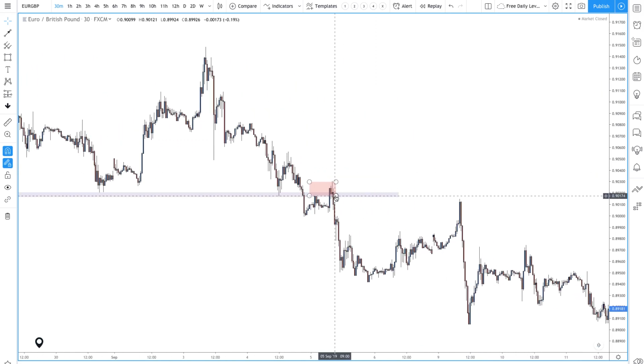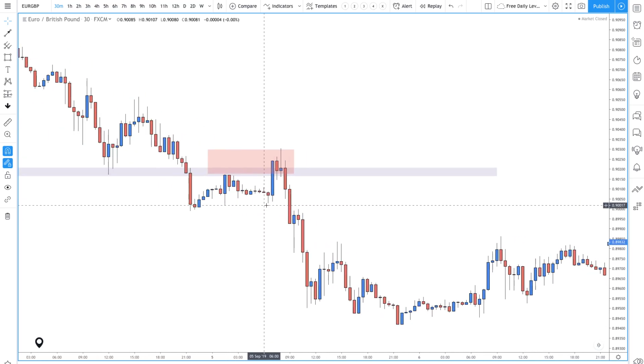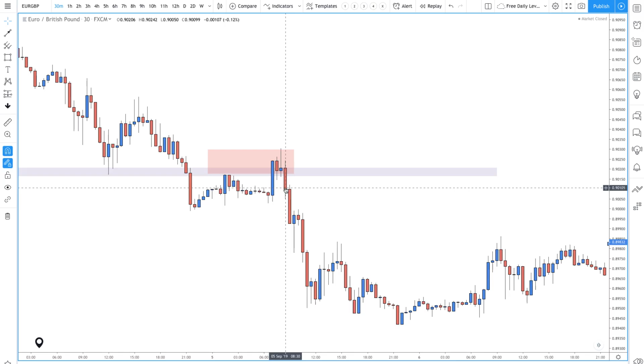If we start to see failures in price going higher, check to see if there's anything that's gone against you, sentiment wise or fundamental wise, and it looks like there might have been some potential euro news at 8:30 in the morning. Who knows what happened that day, 5th of September.